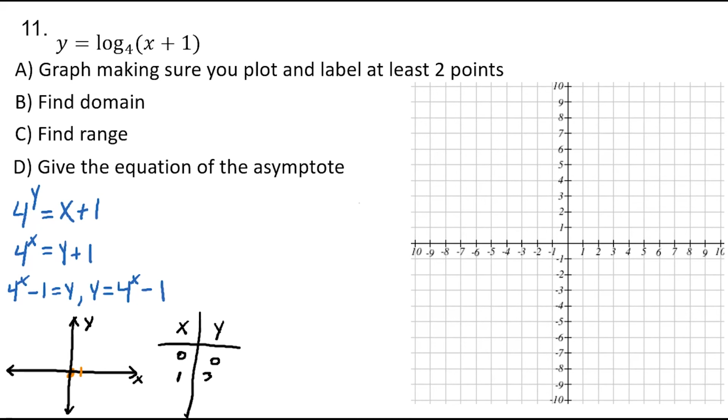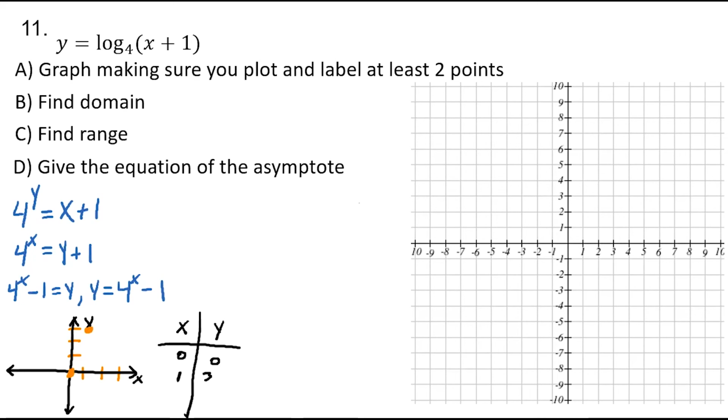So this would be 1, 2, 3. Let me space these out a little bit more. 1, 2, 3, 1, 2. All right, so 1 comma 3 is here.